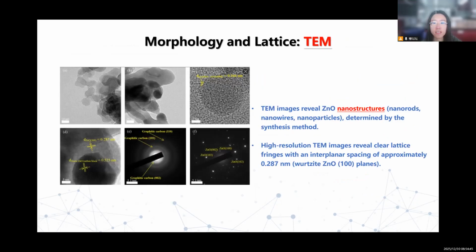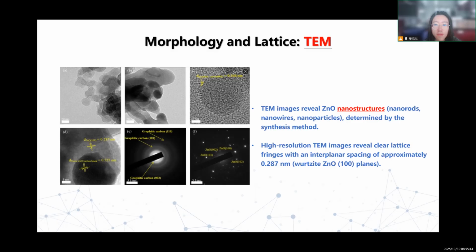And then is morphology and lattice, TEM. What is the TEM? The TEM is transmission electron microscopy, which provides information on the morphology and crystal quality of zinc oxide. TEM images reveal zinc oxide nanostructures. We can see the photos.